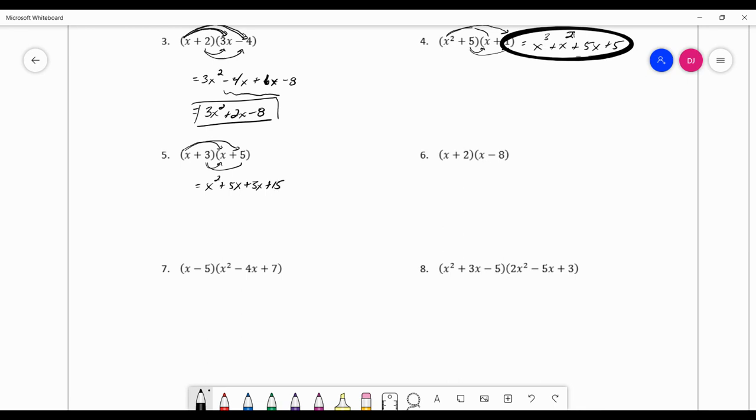Okay, so x squared plus 5x plus 3x plus 15. The 5x and the 3x are like terms, so we can combine those and have x squared plus 8x plus 15.